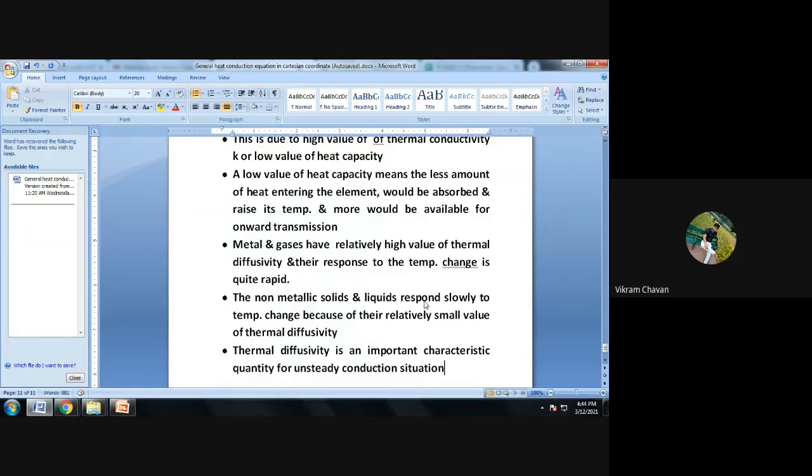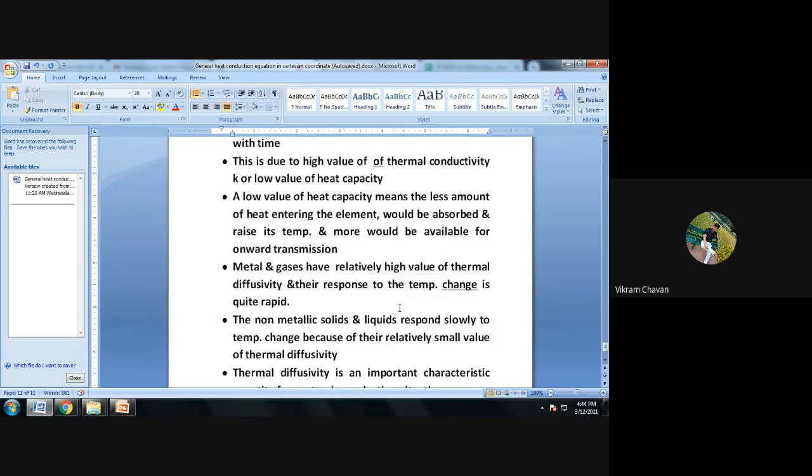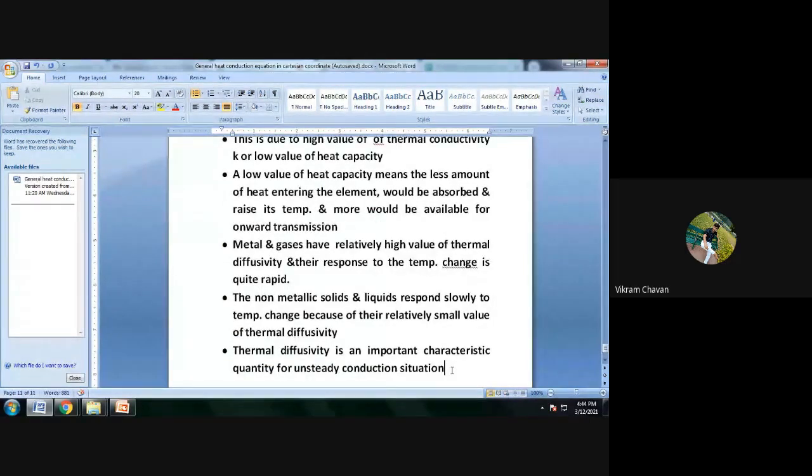Getting everyone? Okay, important point, thermal diffusivity.